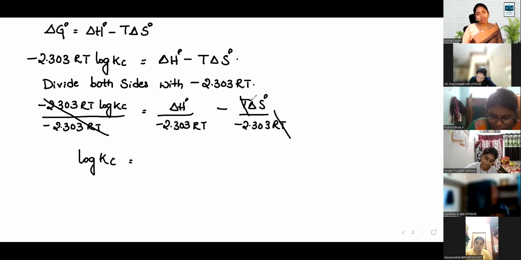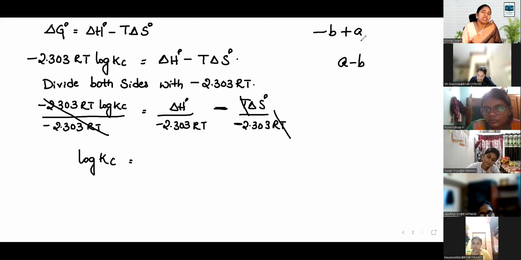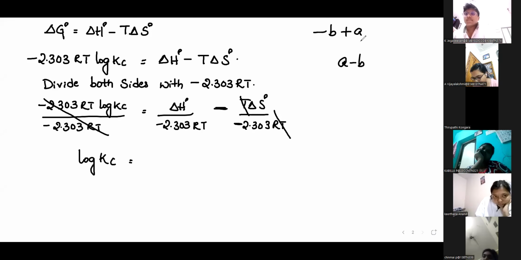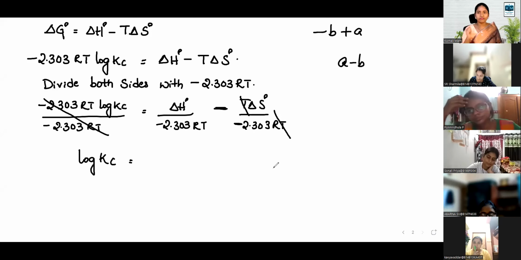See towards the screen. Can you see my pen cursor on the screen? Okay. See here. Minus of minus, what will it be? Plus. So, shall I write plus first? Because we always write A minus B, not minus B plus A. So instead of writing the minus term first, we will write the plus term first.